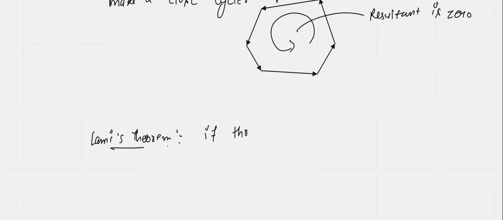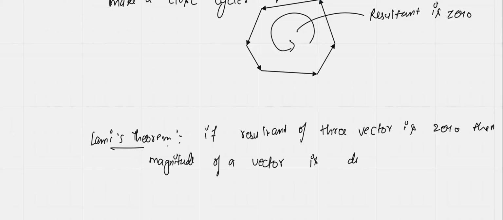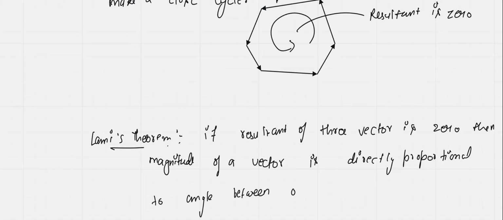If the resultant of three vectors is 0, then the magnitude of a vector is directly proportional to the sine of the angle between the other two vectors.